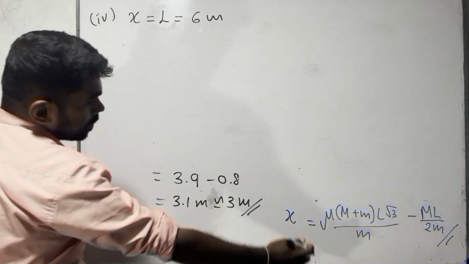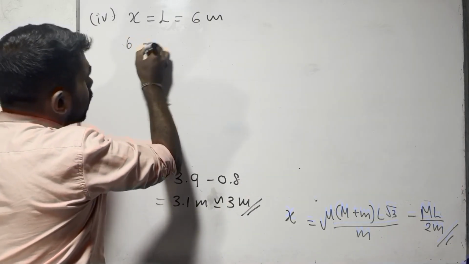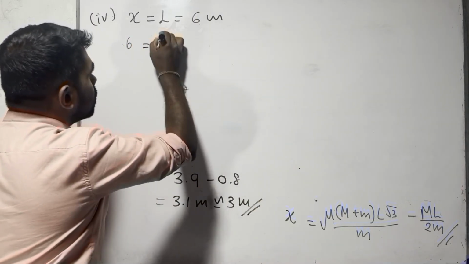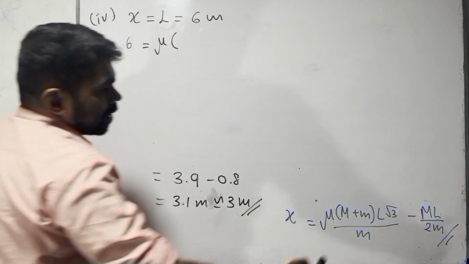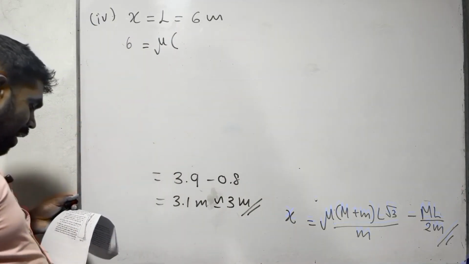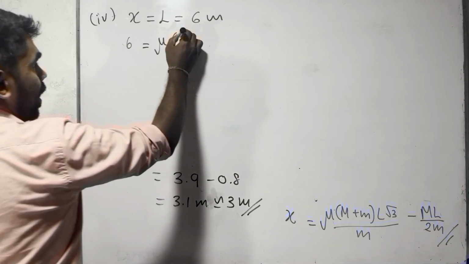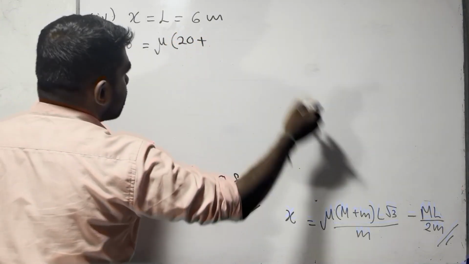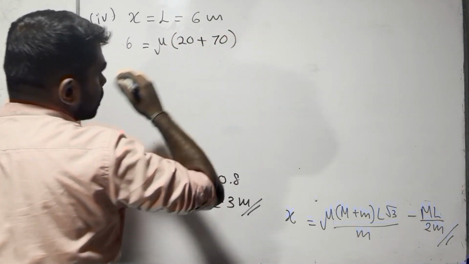Then we can write x value 6 equals, mu is the problem, capital M, mass of the ladder, 20, simple m, mass of the man, 70.